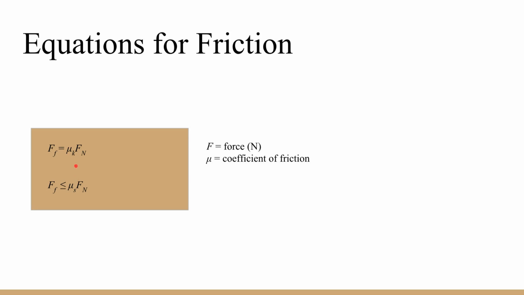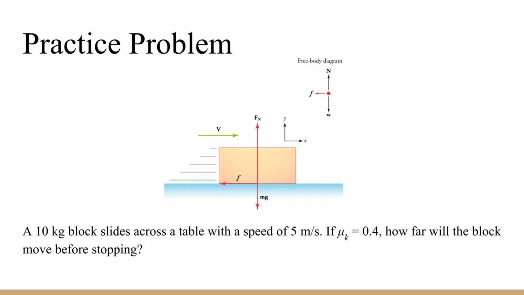However, kinetic friction will start to oppose your motion. However, it's just a little bit easier than actually trying to get it to move in the first place. So here's a quick practice problem.